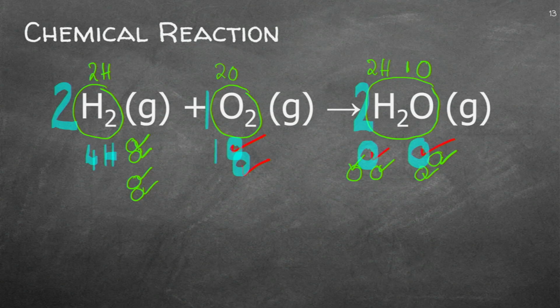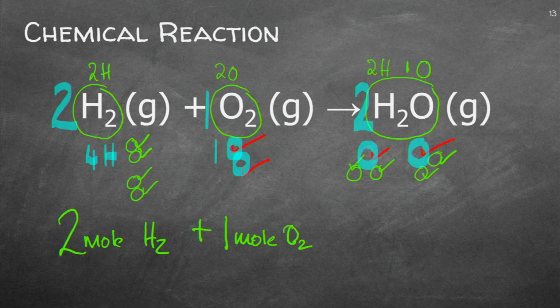Now, what does that mean in terms of the quantities? I've got 2 moles of hydrogen plus 1 mole of oxygen, and it'll give me 2 moles of H2O. And you see here, I spelled it that way and that way.